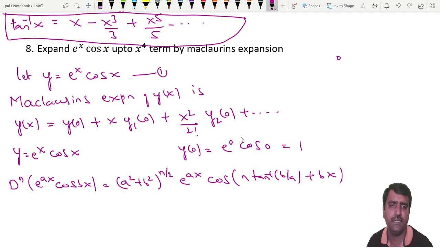This is the standard formula of nth differentiation of e to the power of ax into cos bx.